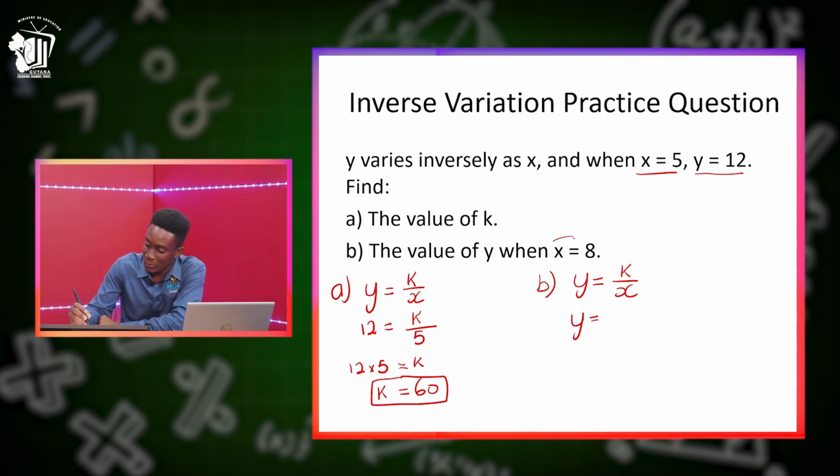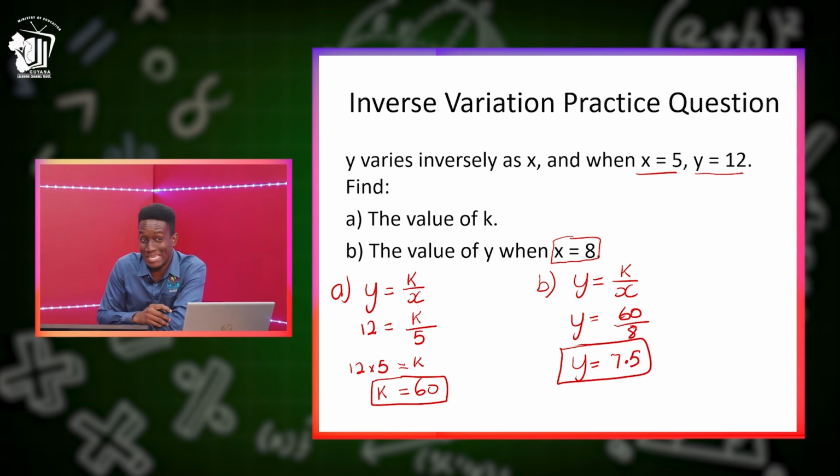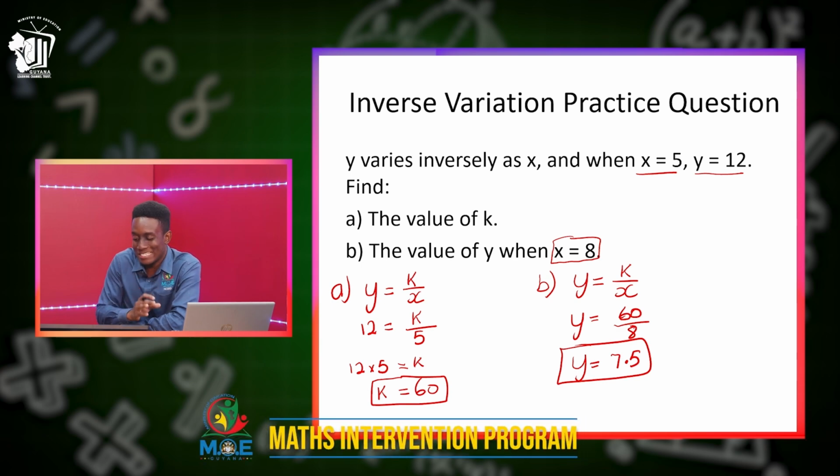So they said that when x is equal to 8, and we know k is 60, so this will be 60 divided by 8. So when we work this out, y will be equal to 60 divided by 8, which is 7.5. So the value of y when x is equal to 8 is 7.5. So as we can see, as x increases, y will decrease.